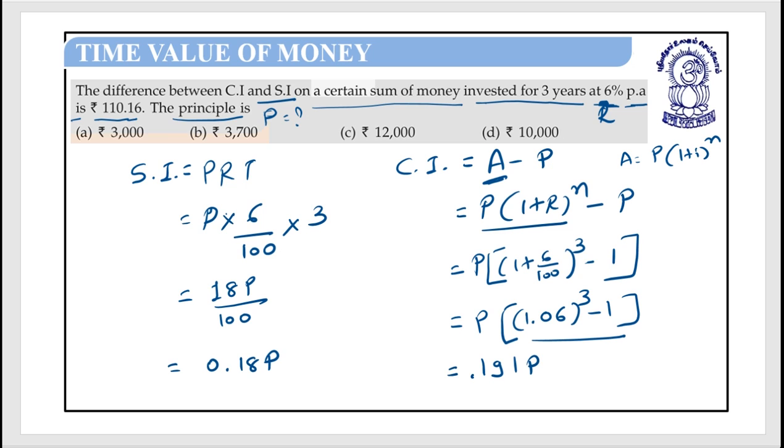Now here the difference between compound interest and simple interest is given, rupees 110.16.